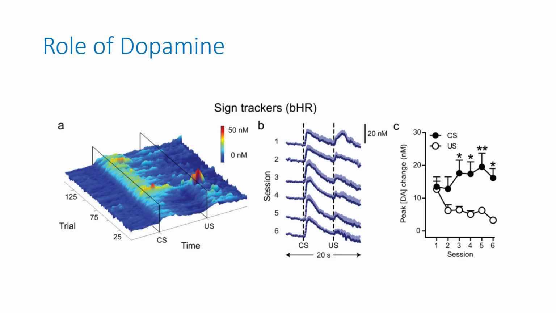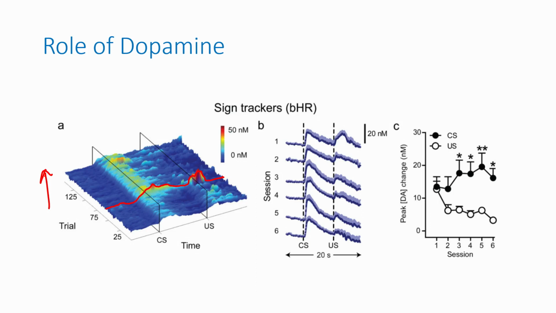On the left, what you are looking at is the response of these animals as a function of different trials, right, that is across this. So, if I want to look at, let us say, the 75th trial, I am going to look at this particular line here, how it is actually proceeding forward. On the y axis, or the z axis here, the height of these different peaks represents the amount of dopamine.